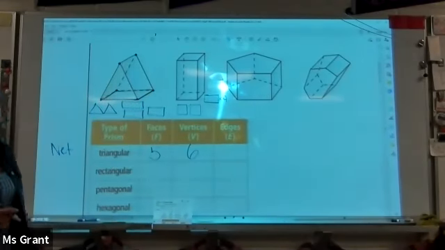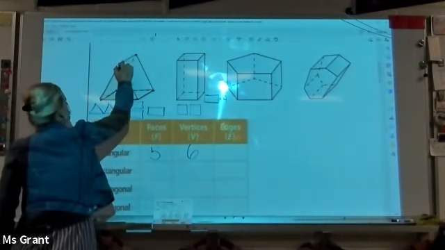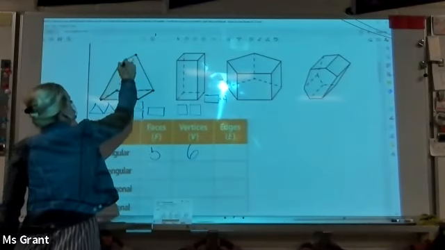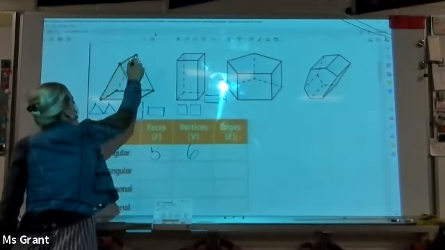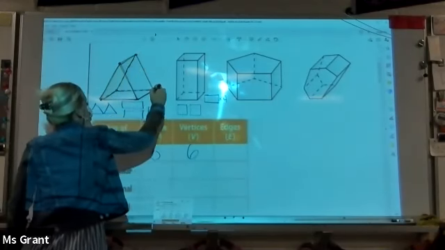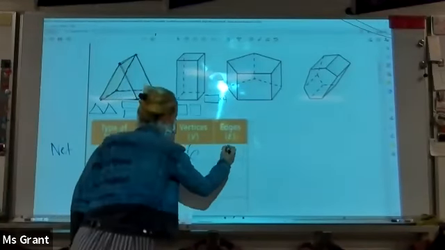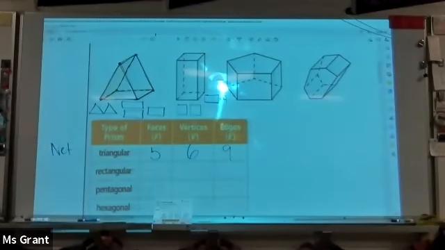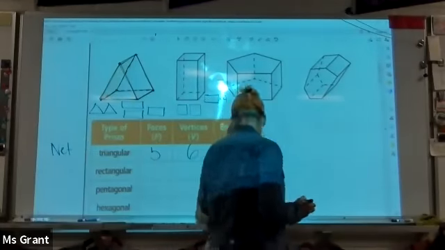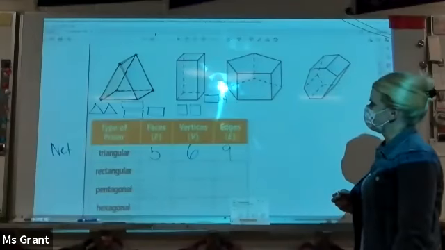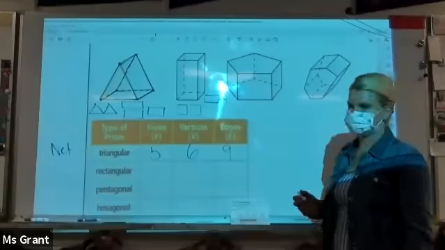That's the bottom shape. 5, 6, 7, the back line, 8, 9 edges, 9 edges. Okay, that's my triangular prism.